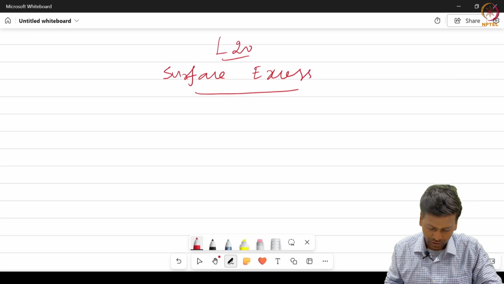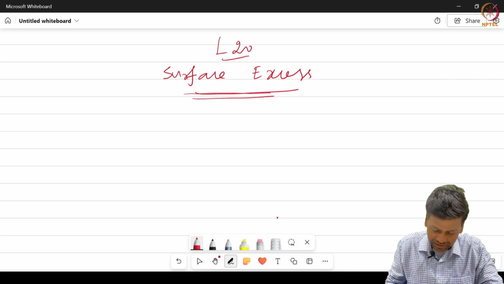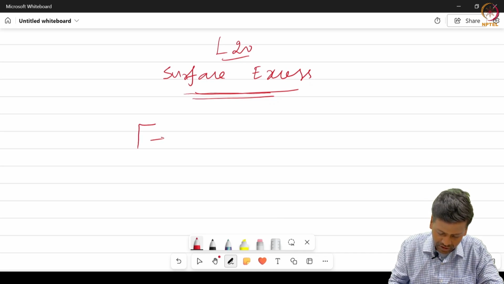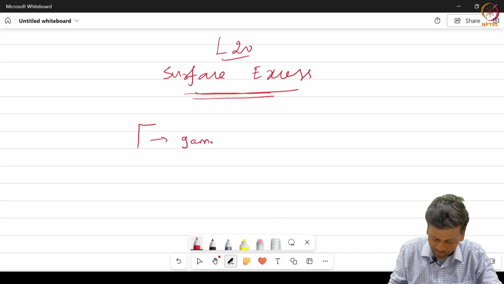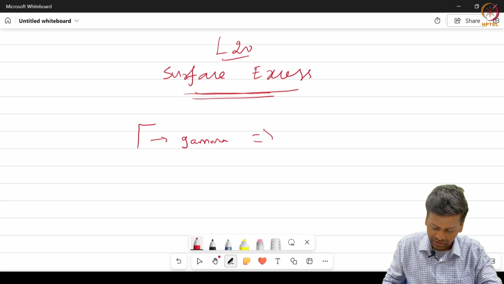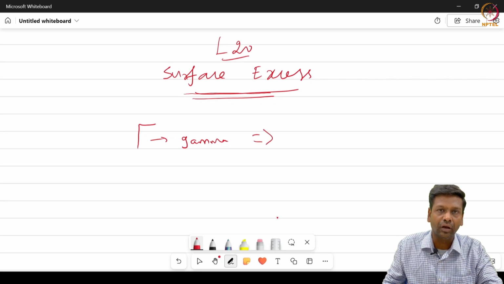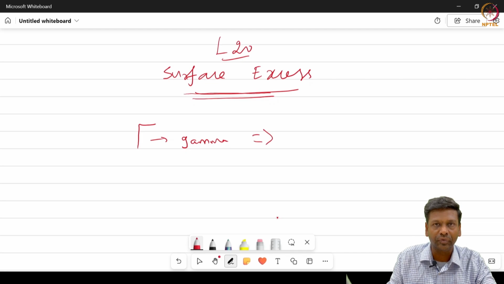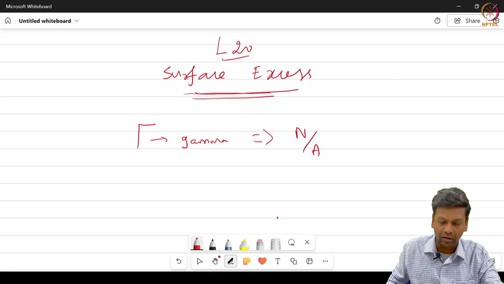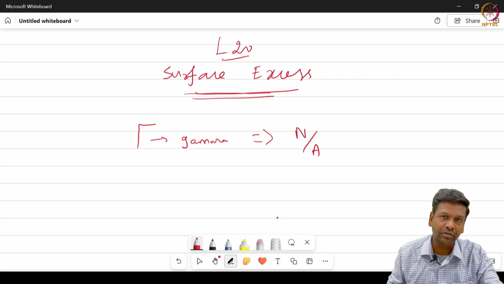When we talk about surface excess, it is often denoted using the Greek letter gamma. Alternatively, you can call it surface concentration, which is nothing but n by a, which is different from the concentration that we usually refer to, that is n by v.